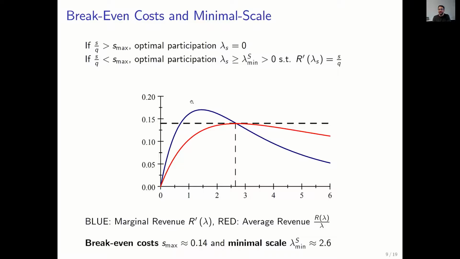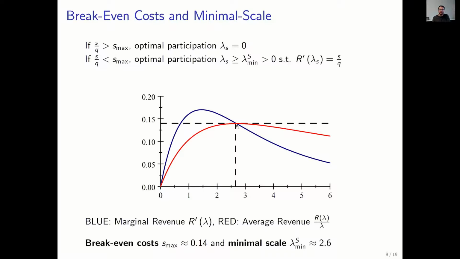Here's the picture from intermediate micro, if you like. In blue, you have the marginal revenue curve, first increasing, then decreasing. So it's not a concave objective function. And in red, we have the average revenue curve. You see, the average revenue curve is maximal where marginal revenue hits it. From this picture, you can see that with a uniform distribution of values, the break-even cost of the seller is at about 0.14.